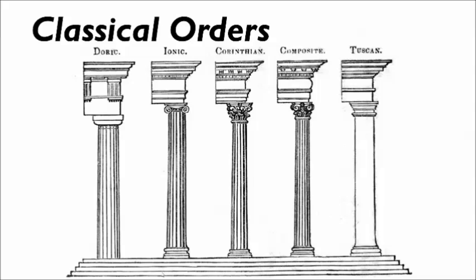So oftentimes you're going to be looking at the type of column that's used to determine the order. Sometimes you'll look at the frieze or the entablature, which is the top piece of the building that is being supported, that looks like a bunch of crown molding, but those have different features and different parts that would be associated with each of those orders.